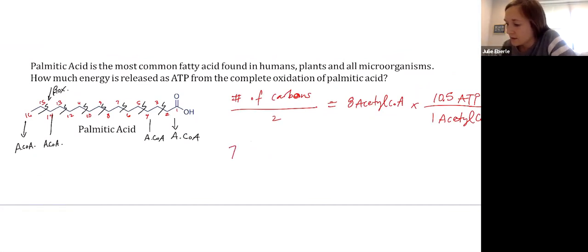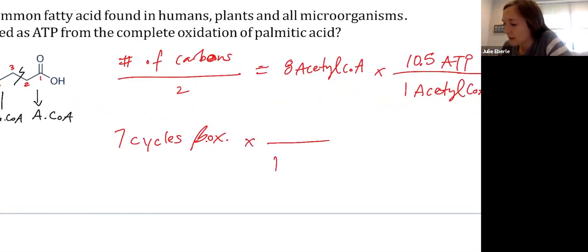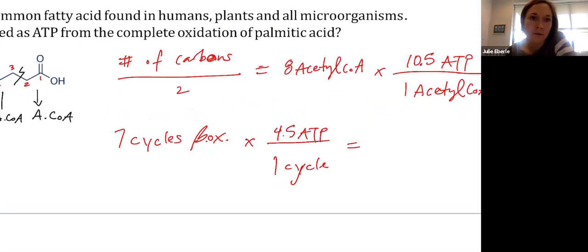So we run 7 cycles of beta oxidation. And we know for every 1 cycle, we get 4.5 ATP. So how much ATP is produced just from beta oxidation?